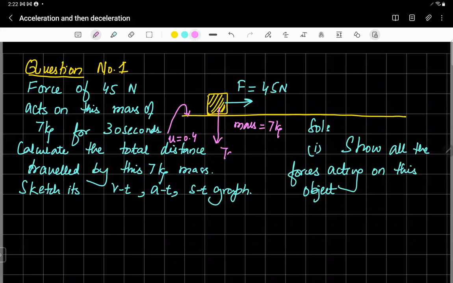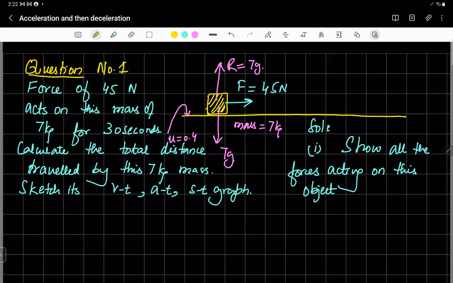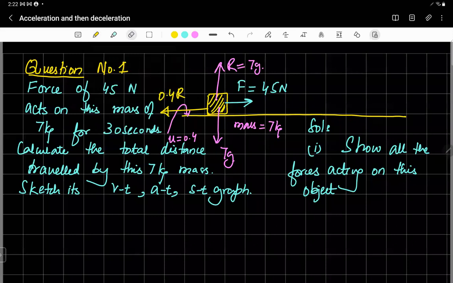This is mg, which is 7g. This is the normal contact force, which is also equal to 7g. And the frictional force that is acting opposite to the motion is 0.4 R. So these are the 4 forces acting on it.